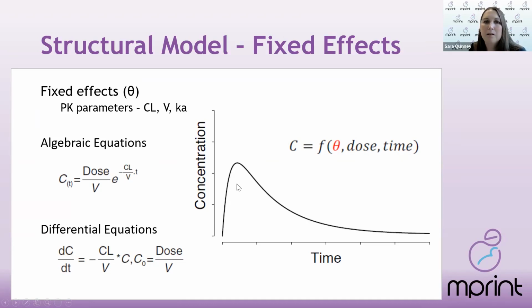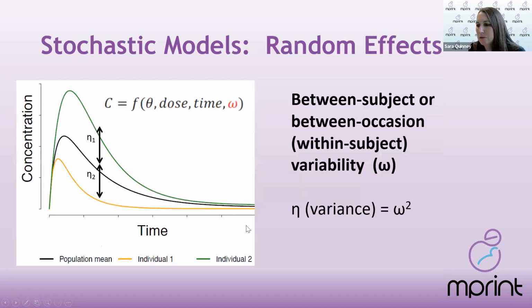These parameters can be determined using either algebraic or differential equations. On top of this structural model with the fixed effects, we then add random effects, or a stochastic model that captures between subject or between occasion variability.